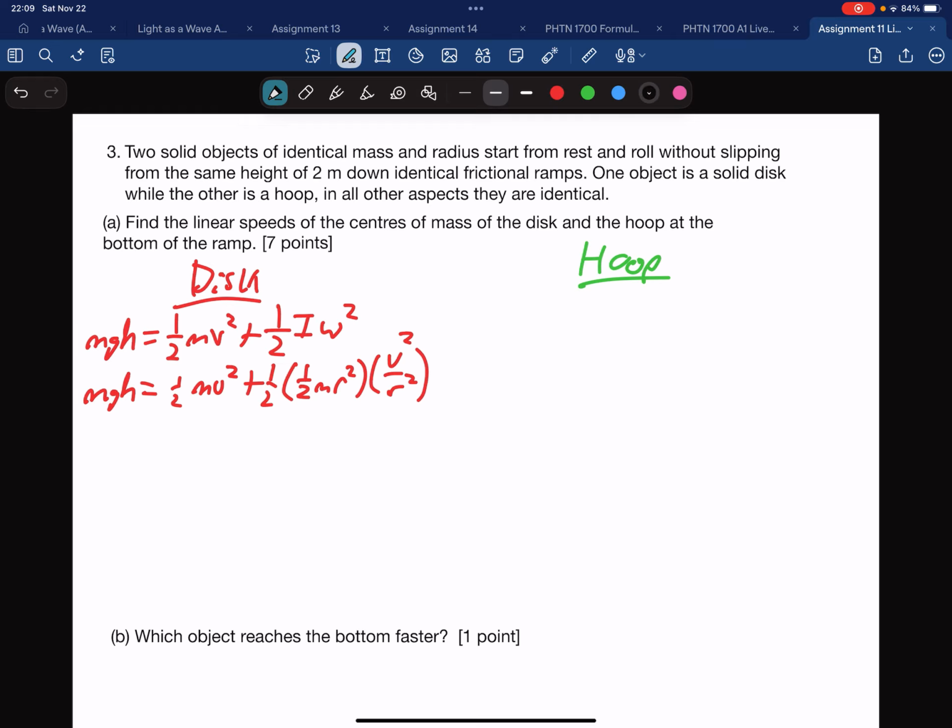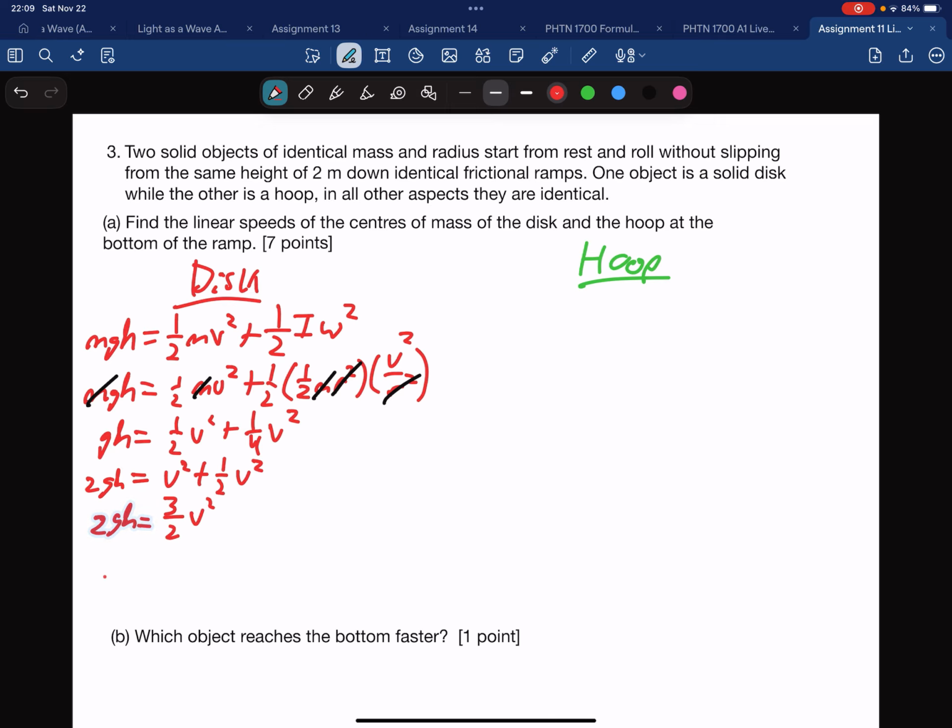Here I have r above and below, so they cancel out. I have the same mass in every term, so they cancel out. I get gh equals 1/2 v squared plus 1/4 v squared. I'm going to multiply everything by 2 to get rid of one of the fractions, which makes the mental math easier.